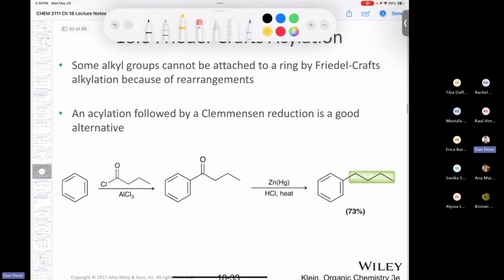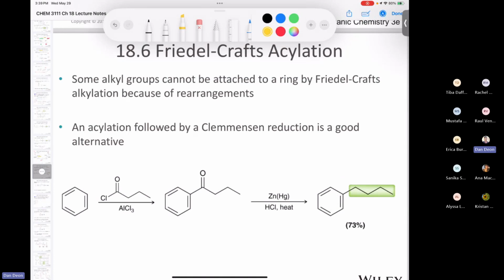And so some alkyl groups, it turns out, cannot be attached by Friedel-Crafts because of rearrangements, right? Let's say we wanted to take benzene and react it with 1-chlorobutane.